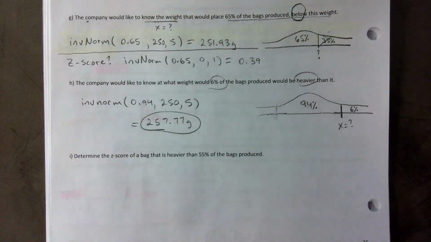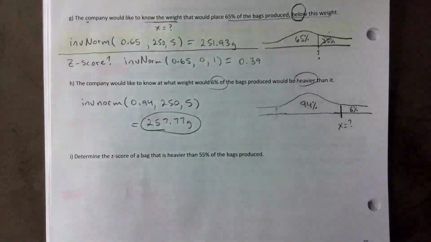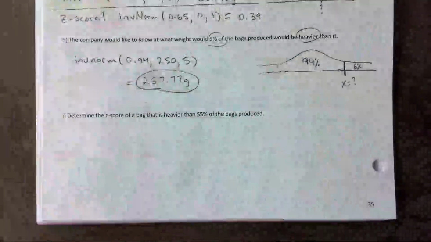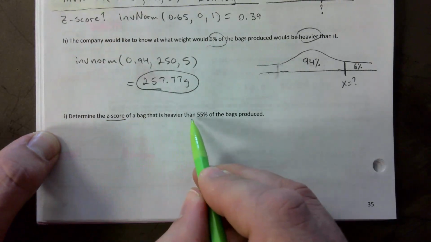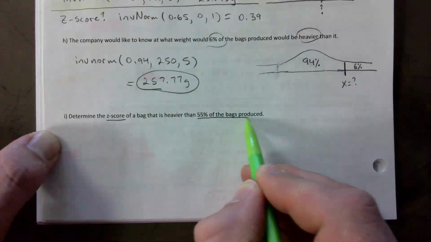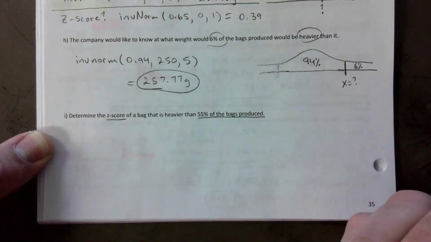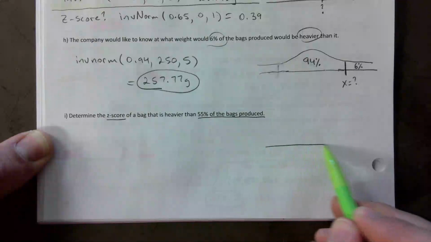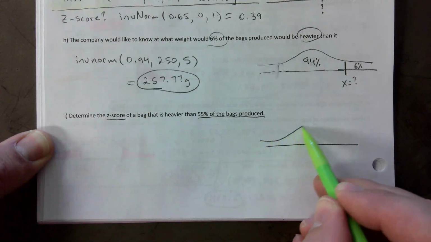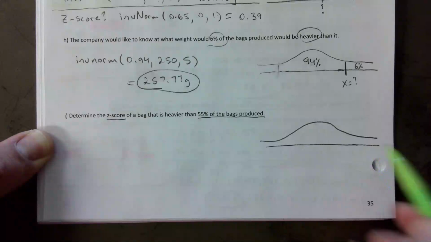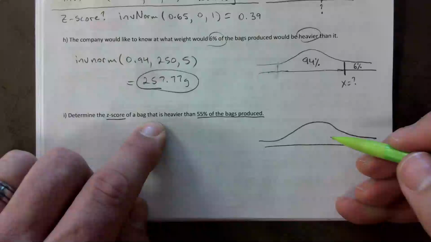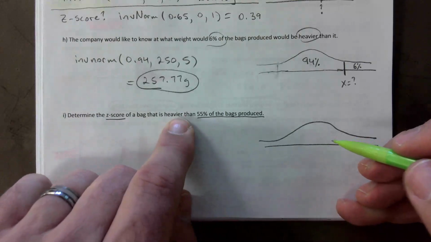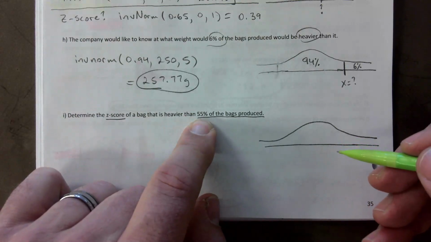I want to do the middle one yet. Okay. Determine the z-score of a bag that's heavier than 55% of the bags produced.